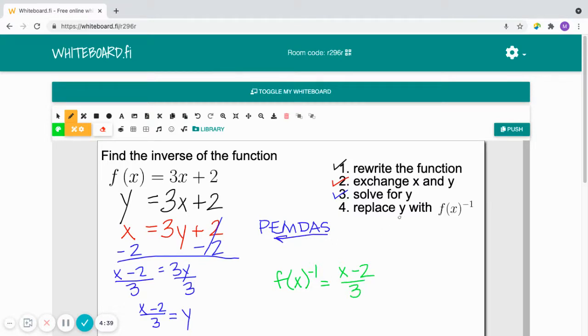And again, I'm just replacing y with f of x to the negative 1. I did flip them instead of having f of x behind here. But this is my answer. This is the inverse function of the function up here. So there are your 4 steps.